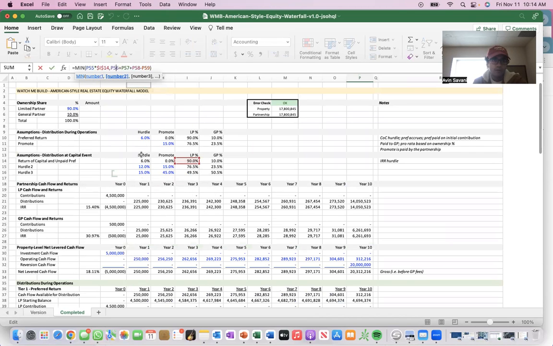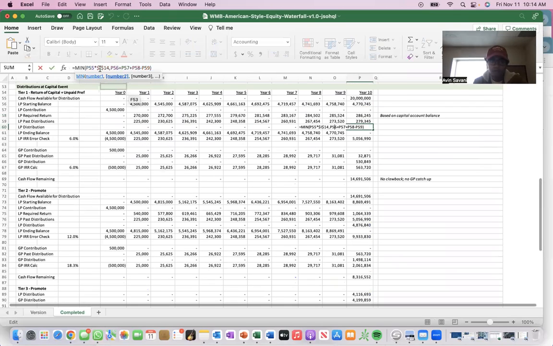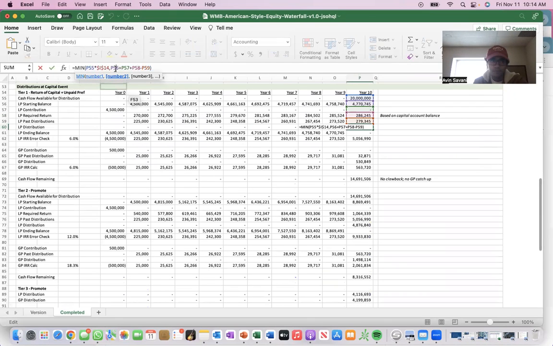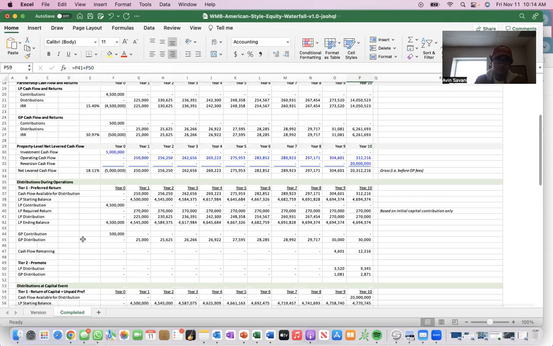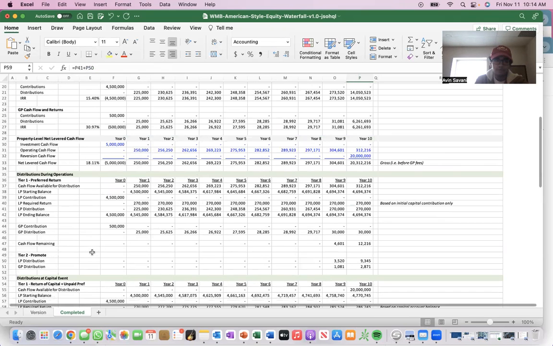And then they added back the starting balance, the contribution, the required return, and they subtracted out the past distributions. So the past distributions are essentially what they got in this preferred return, I think.